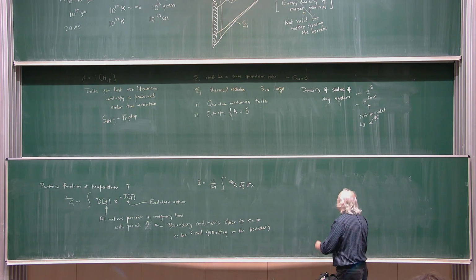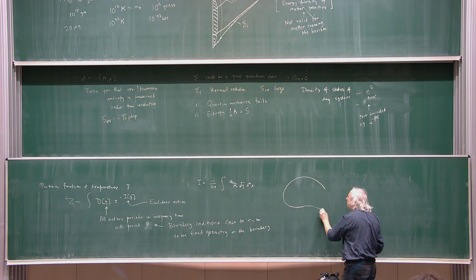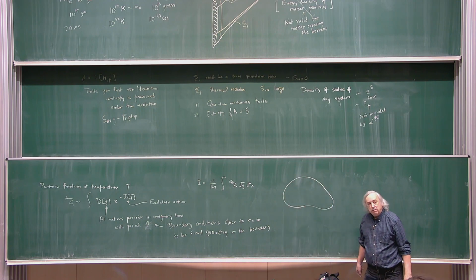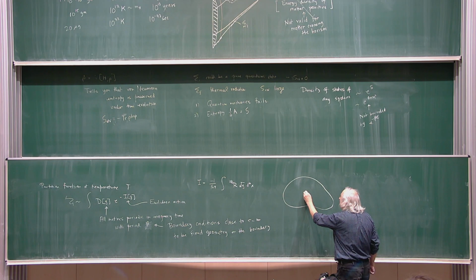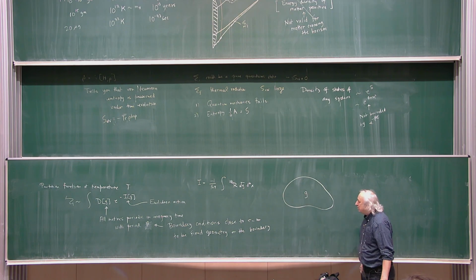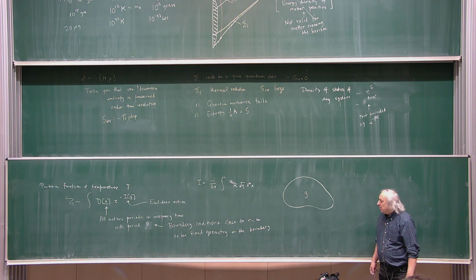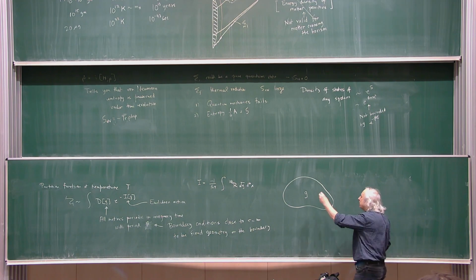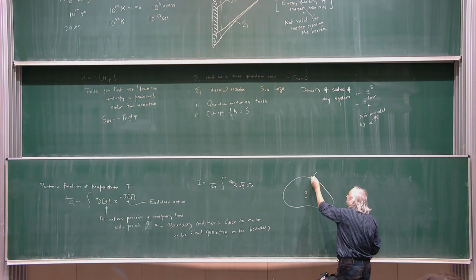In other words, here is some domain. We're interested in varying G inside the action, but in such a way that the induced metric on the boundary is fixed.